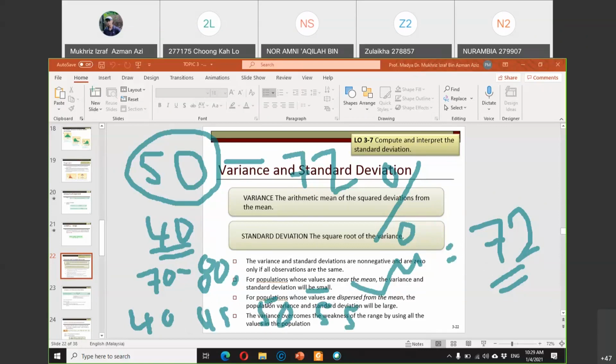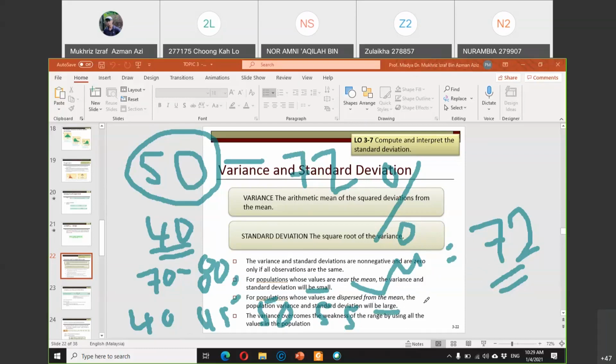Some students are very far away from 72, which is the mean. If this is the case, then we fall under the third point here: if the data is dispersed, it shows that the data will be far away from the mean, then the standard deviation will be large.